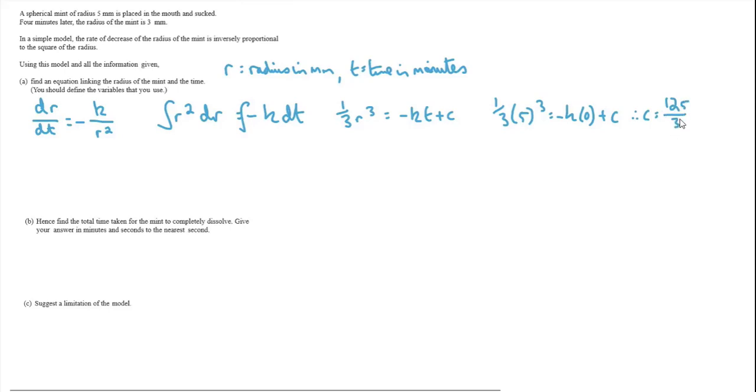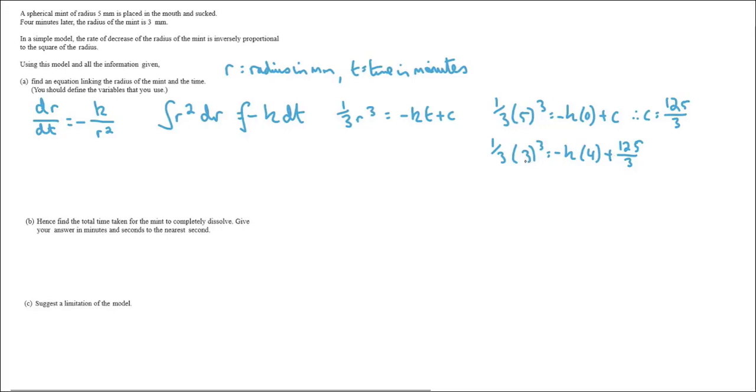But now that we have this, we can plug that back in to solve for k using the other sentence. So we can say that a third of 3 cubed equals minus k times 4 plus 125 over 3. If you were to do a third of 3 cubed, which is just going to be 9, and minus the 125 over 3, and then divide by the minus 4, you would end up with k equaling 49 over 6.